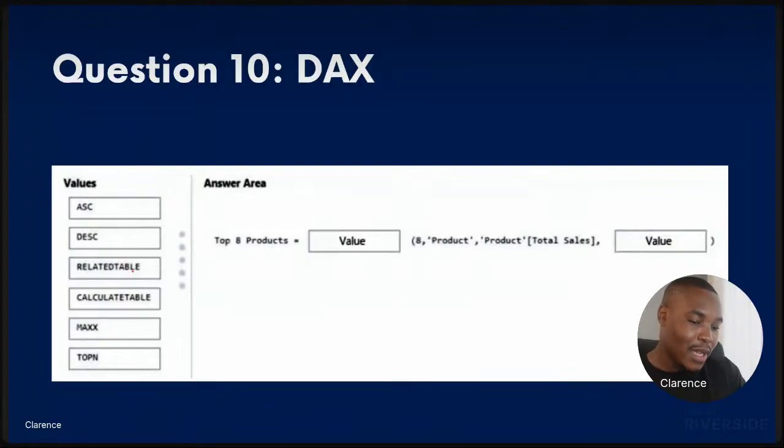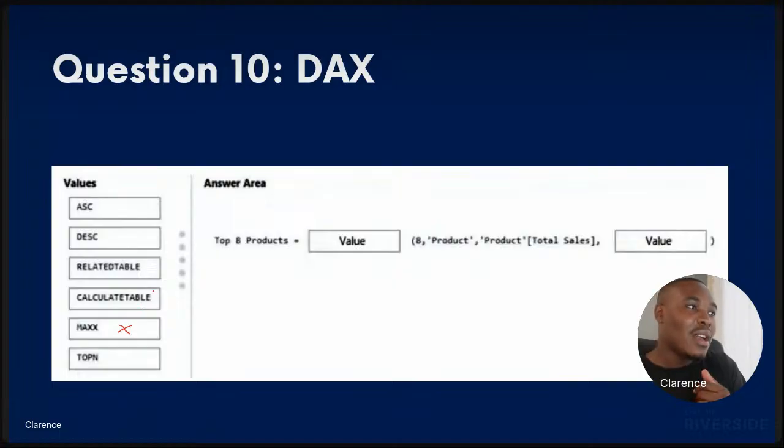Max would give you the highest value that you have, so max automatically gives you the highest value. Max is out because we want to see a list of results. That's what we want. Max is out because top 8 wouldn't just give you the highest value.